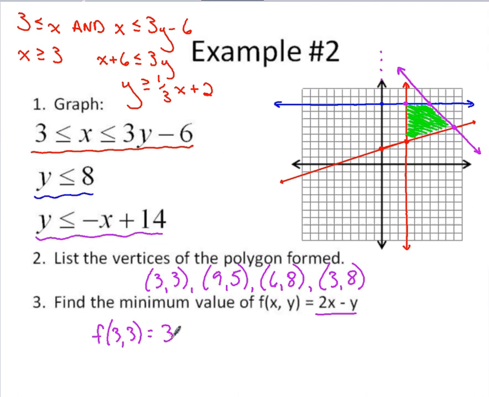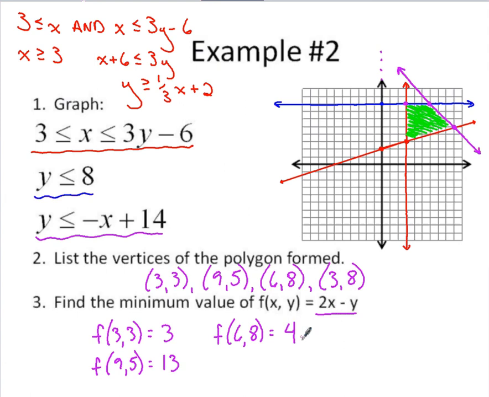We plug in 9, 5. It'd be 2 times 9, 18, minus 5, be 13. 6, 8. Two times 6, 12, minus 8, get 4.